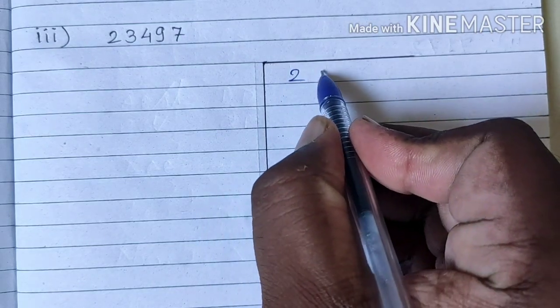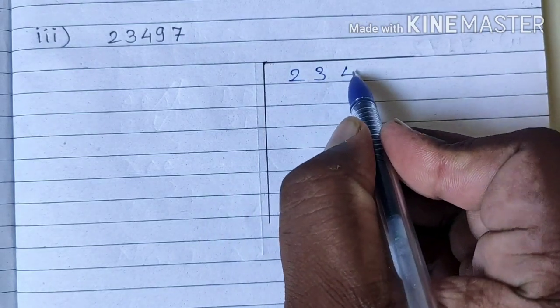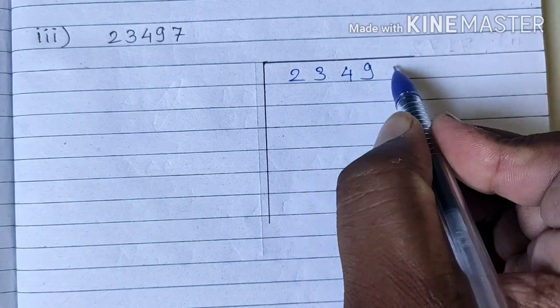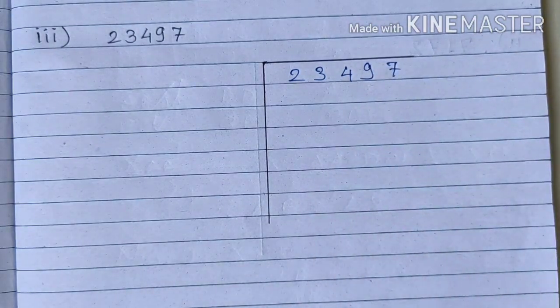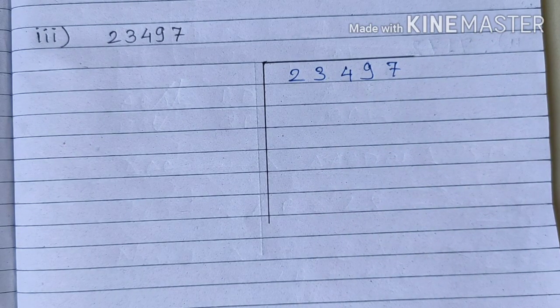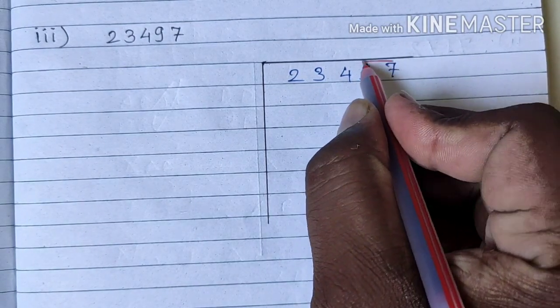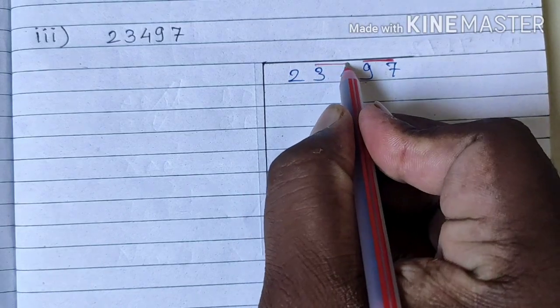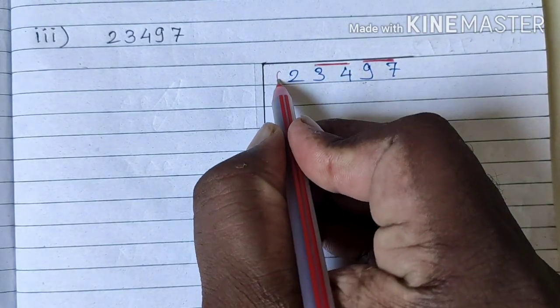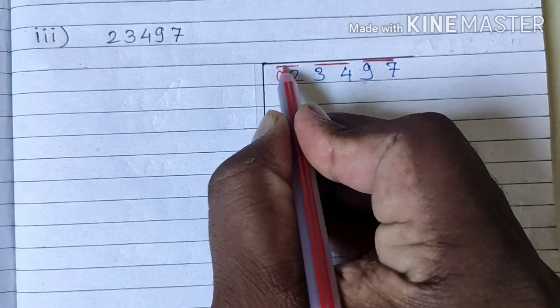So 2, 3, 4, 9, 7. Make pairs of the number from the back side of the given number. How can we form a pair? First pair is 97, then 34. Nothing is here, so we can take 0 to make a pair of it.